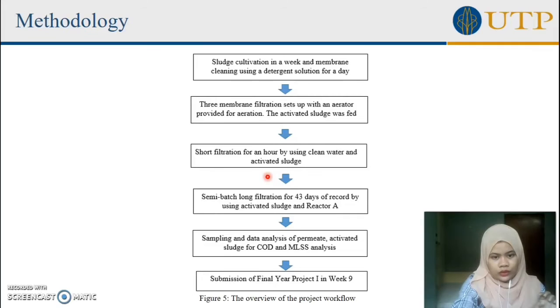It was also done by using the activated sludge, and we utilized reactor A for this filtration. After that, sampling and data analysis of permeate and activated sludge for COD and MLSS analysis. MLSS analysis is for total solid analysis. And then lastly, submission of the final year project 2 in week 9.